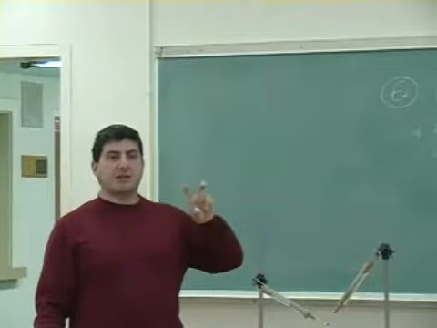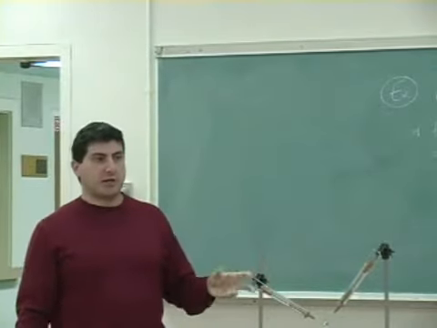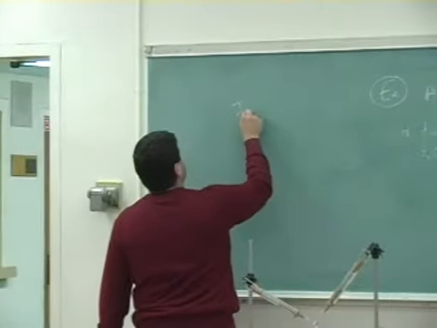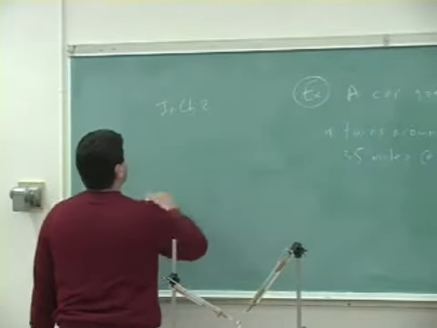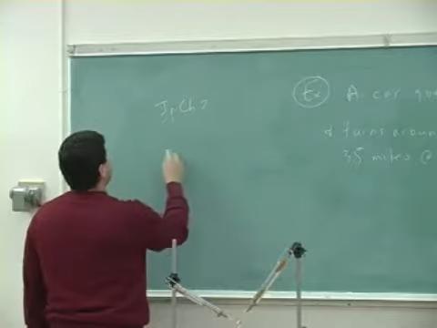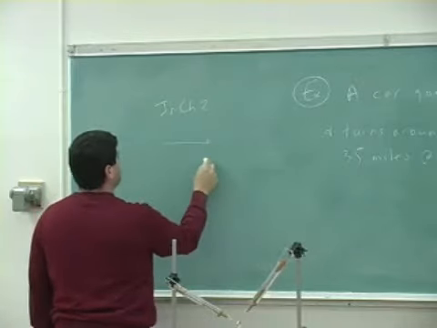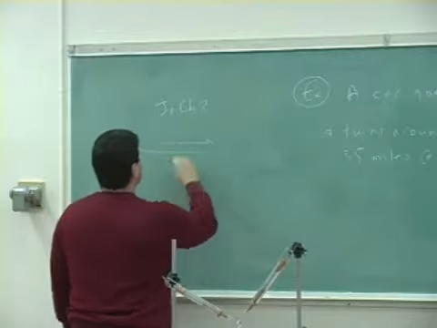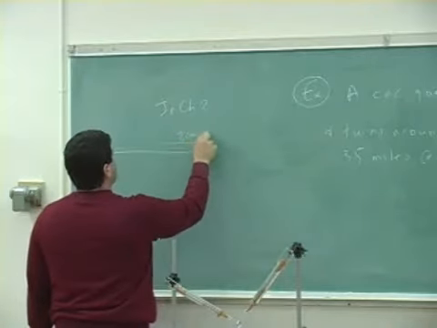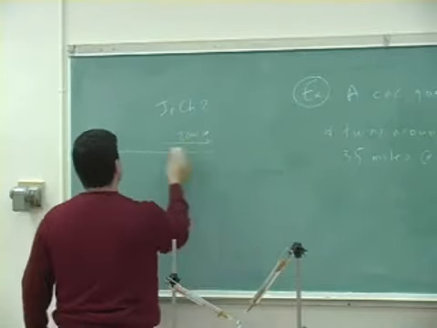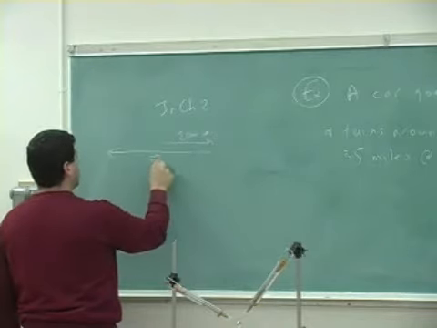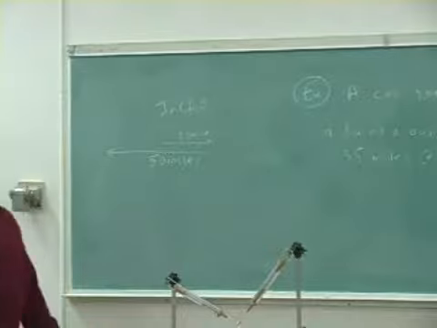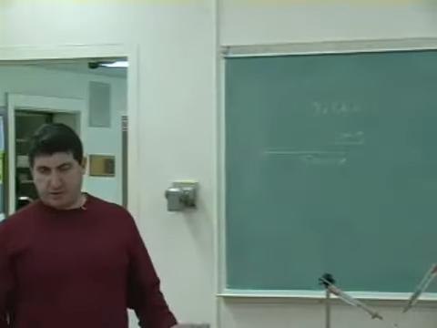This is going to be the two-dimensional version of the other problem we did in chapter 2, where somebody goes to the right and stops and goes to the left. So they go, let's say, 20 miles, and I give you the time, and then they go to the left, let's say, 50 miles, and I give you the time, and then I ask: what is the average speed in the first stage?